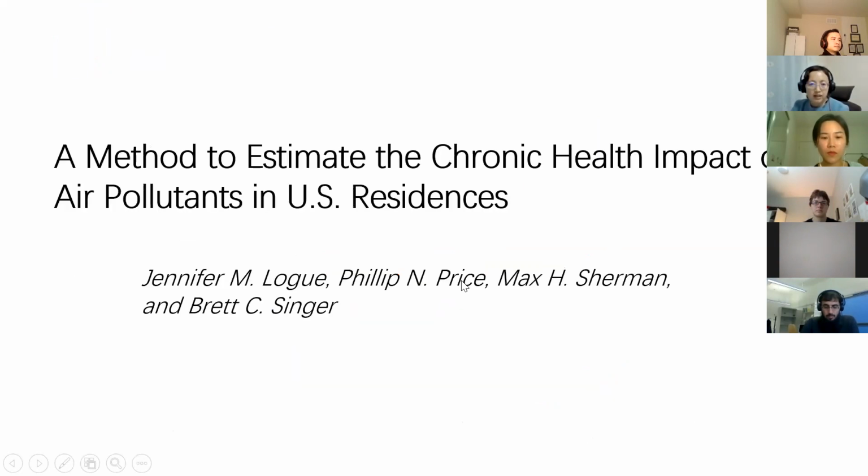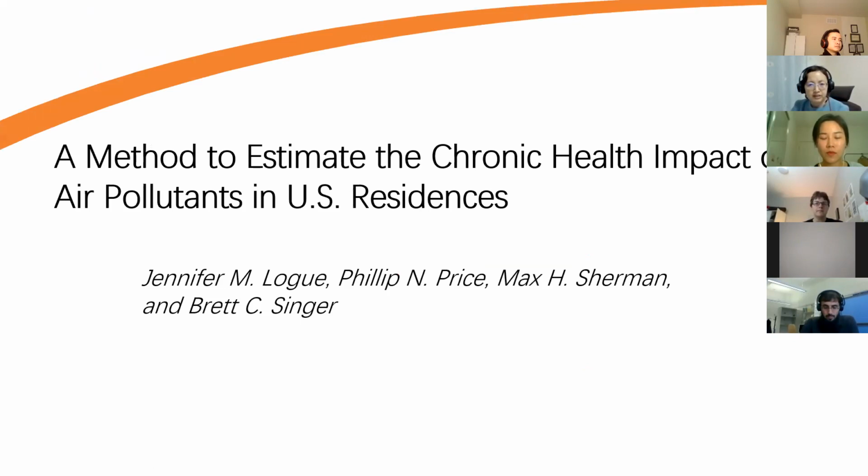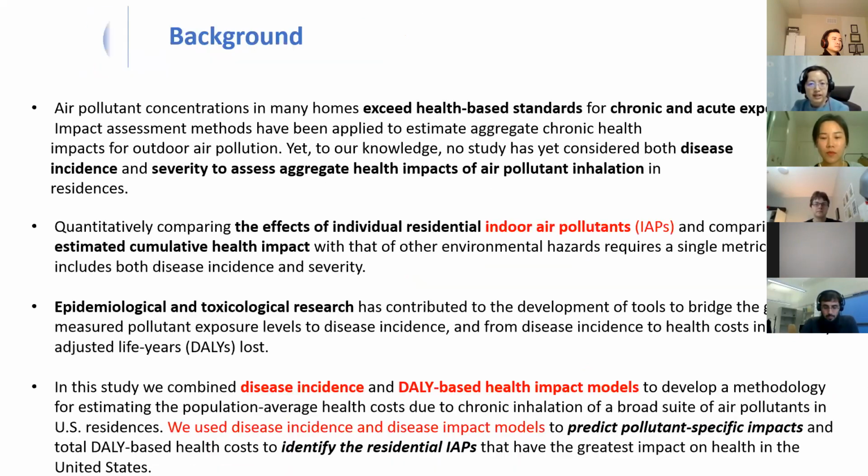Another study, the second study, is from the United States. They use a method to estimate the chronic health impact of air pollutants in United States residences. What's very interesting in this study is that they are concerned about the effects of individual residential indoor air pollutants, specifically indoor air pollutants.